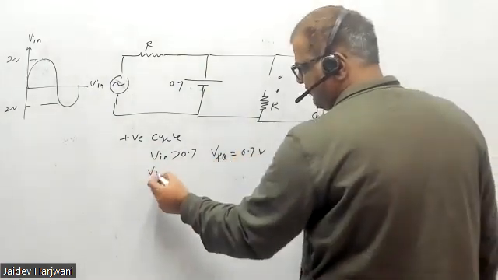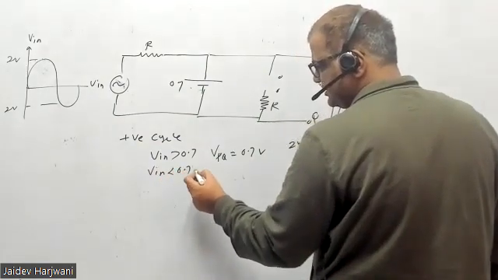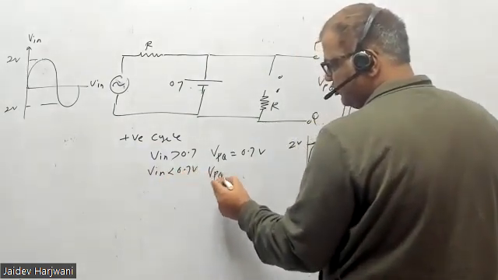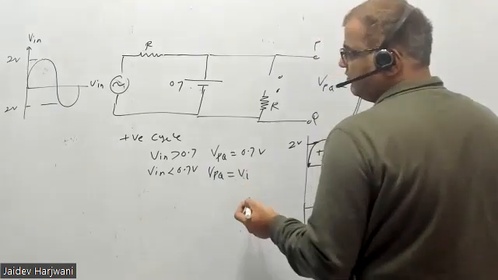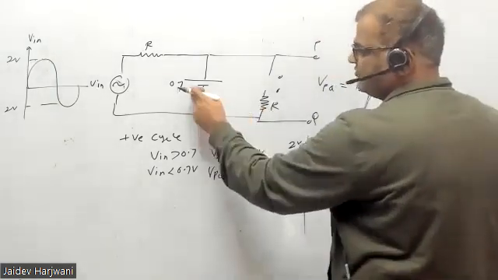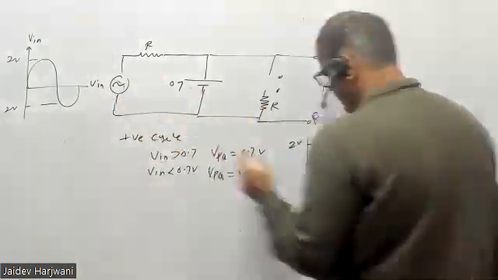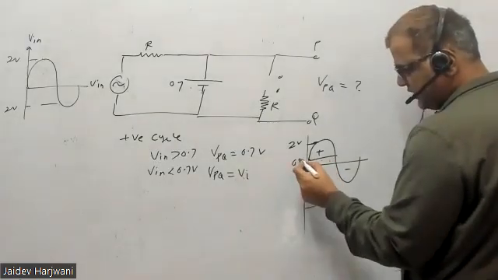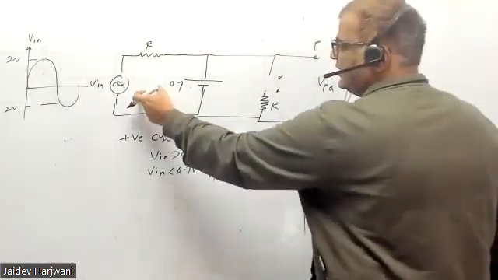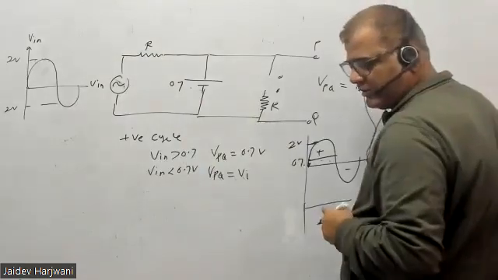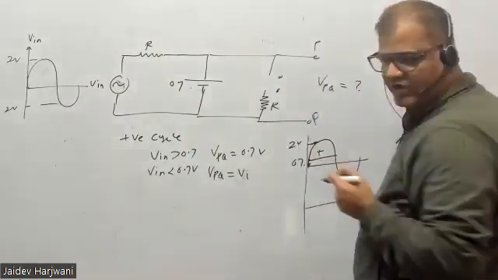If my V input is less than 0.7 volt, then my VPQ will be equal to V input. This is off, this is off. If this voltage is less than 0.7 volt, even this diode will not turn on. This is already reverse bias for all values.